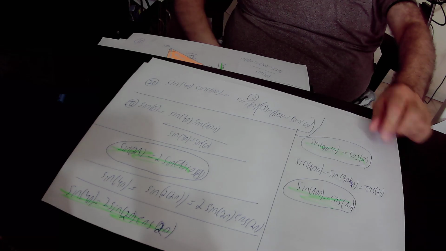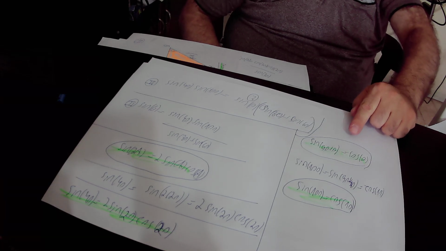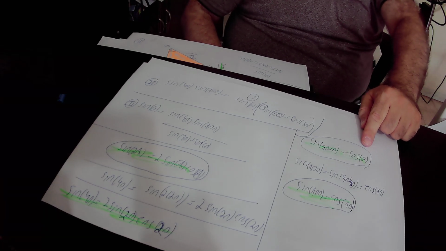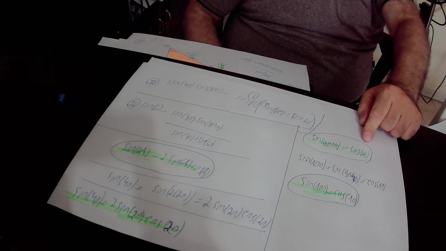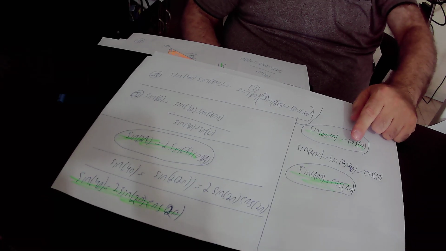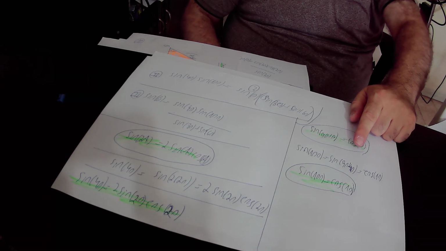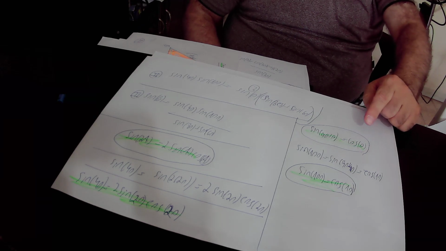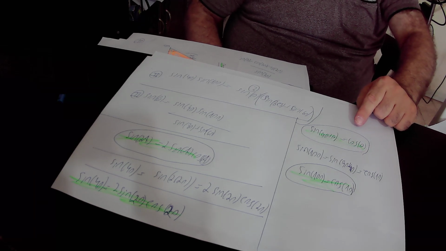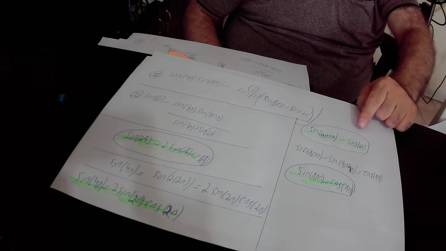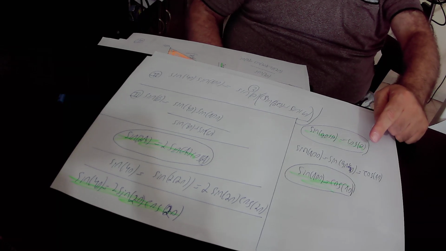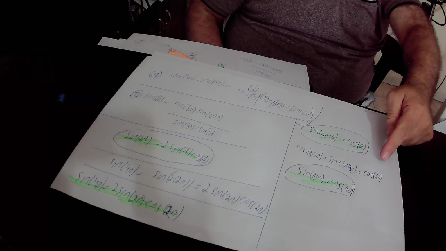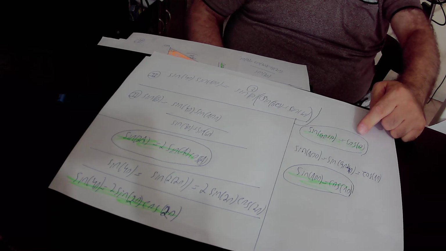Then we have the trigonometric identity that sin of (90 degrees plus theta) equals cos theta. We use this trigonometric identity for sin 100 degrees. Sin 100 degrees equals sin of (90 degrees plus 10 degrees), and according to this identity, it will be equal to cos 10 degrees.